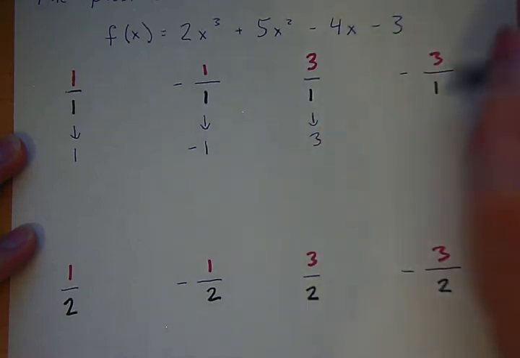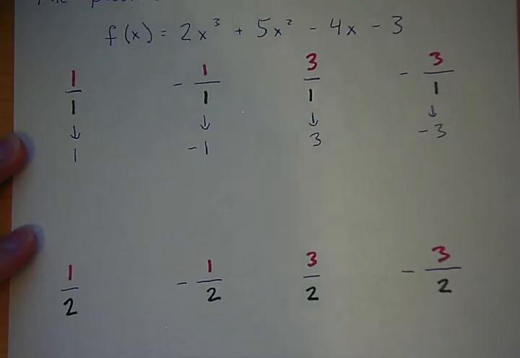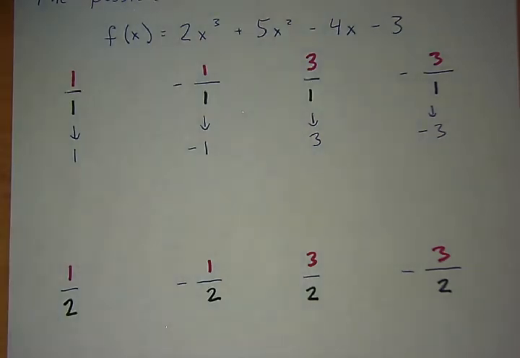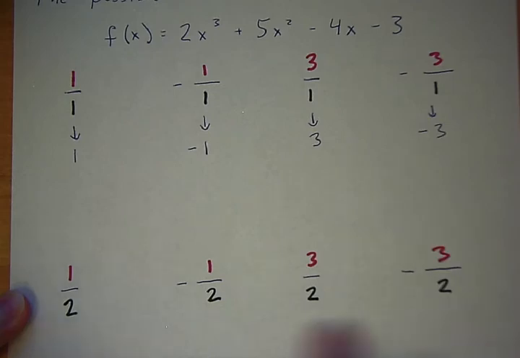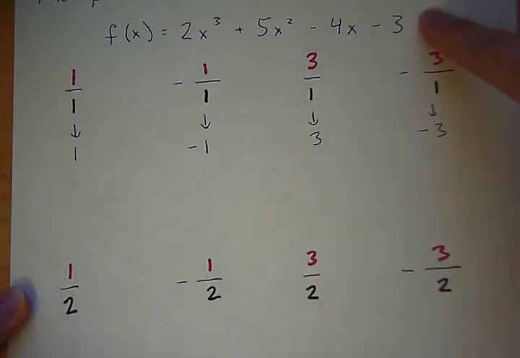Negative 3 divided by 1 is just negative 3. Okay, so now we need to find out which of these 8 here can make my f of x equal to 0.